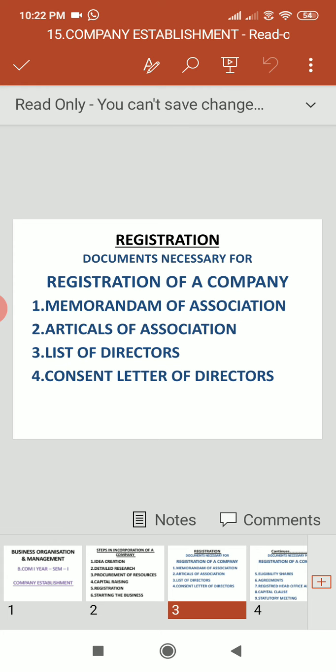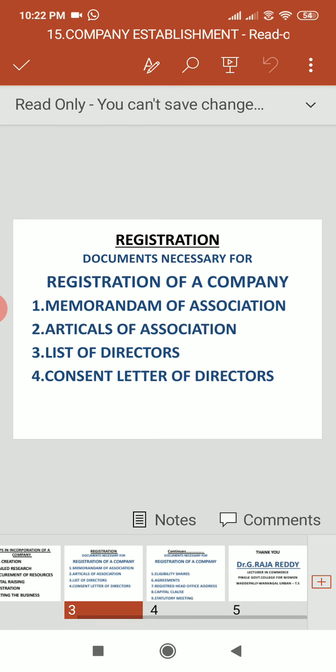Consent letter of directors: all the directors should give their own consent to act as a director, because directors are sometimes punishable for their wrong deeds. Hence, all the directors must produce consent letters. Without the consent of a director, he cannot be the director. He should give his consent stating that he is willing to take the responsibility of the director.